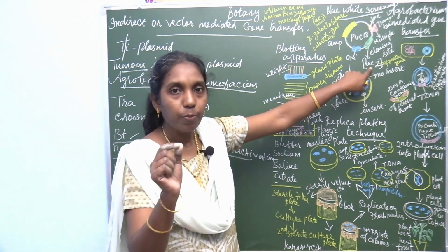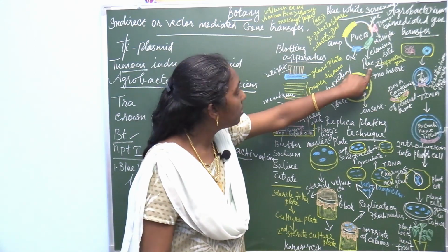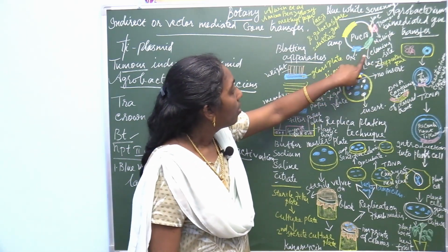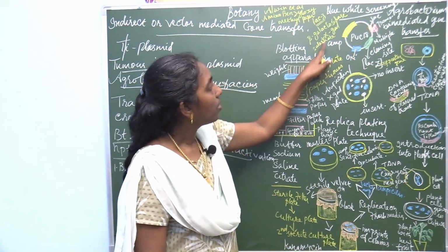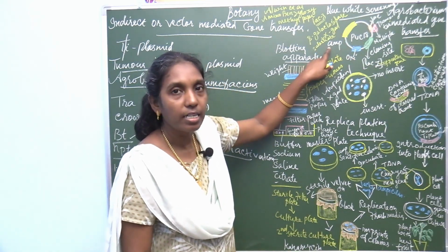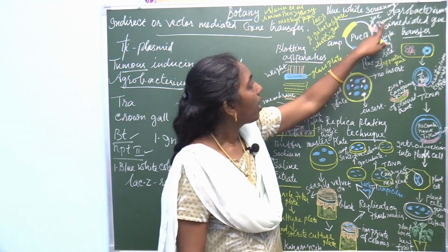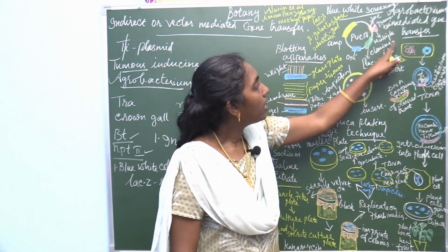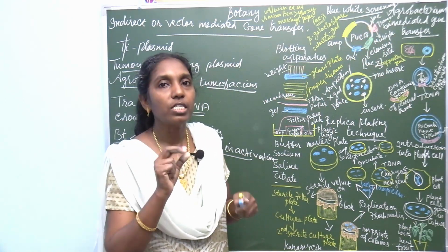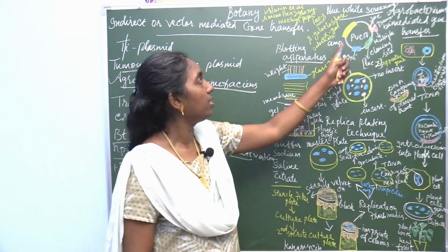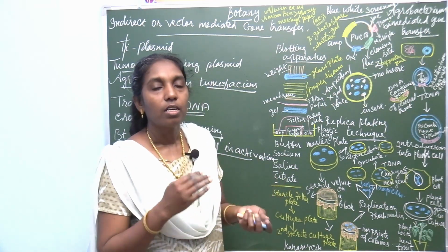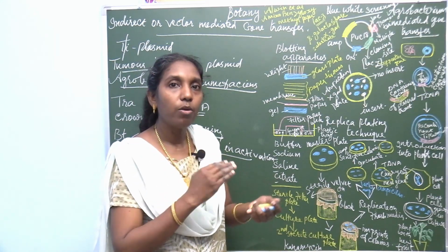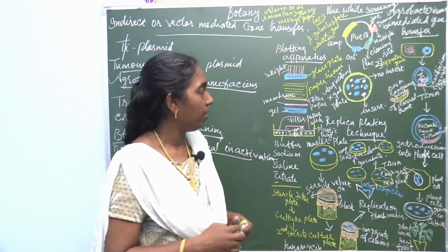This gene is present here, and there is an ampicillin resistance gene and multiple cloning sites also present in this. As a result, blue color and white color colonies are developed.